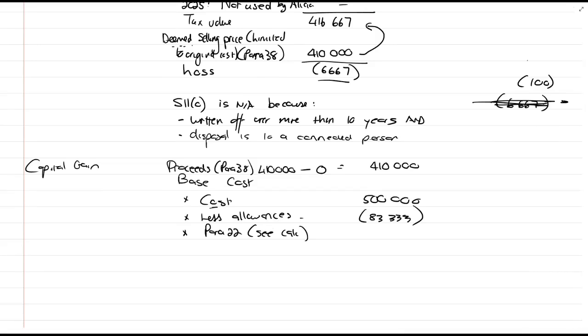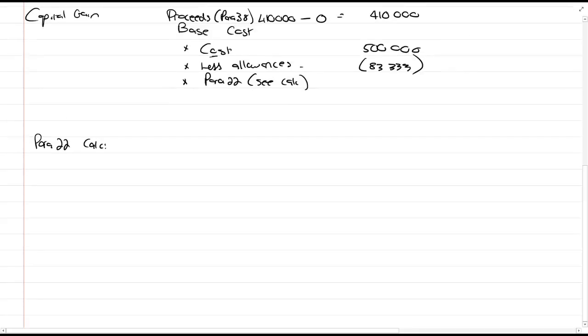Paragraph 22, let's do our calculation. So if you go and look at paragraph 22, it tells you it is M minus A over M times D. M is the market value, 410.